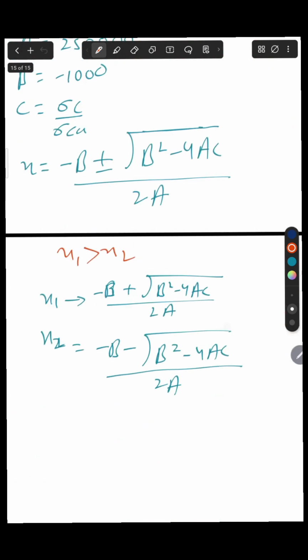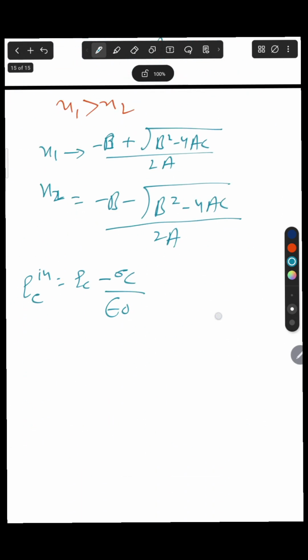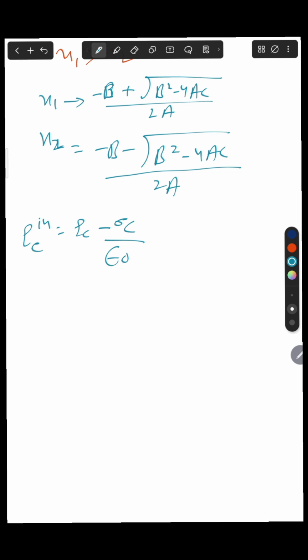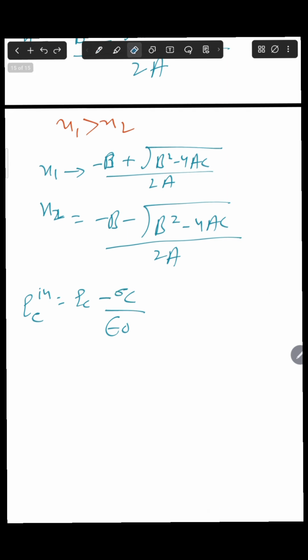Now we have to calculate the inelastic strain. The formula for inelastic strain is epsilon c minus sigma c by E naught. First we define the sigma c value, and from this sigma c we calculate the corresponding epsilon c.